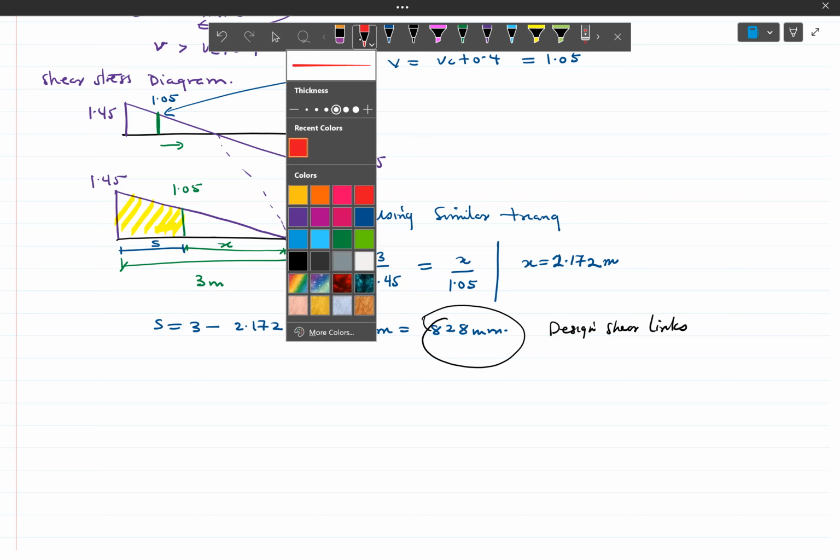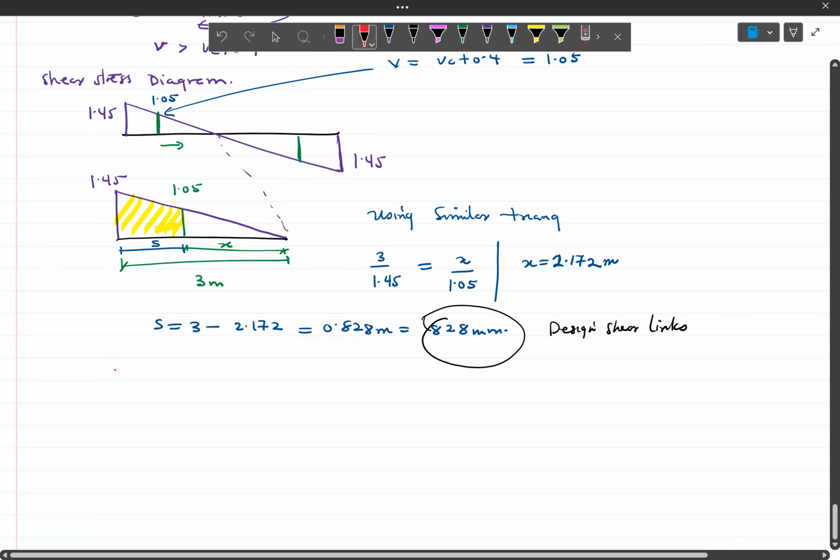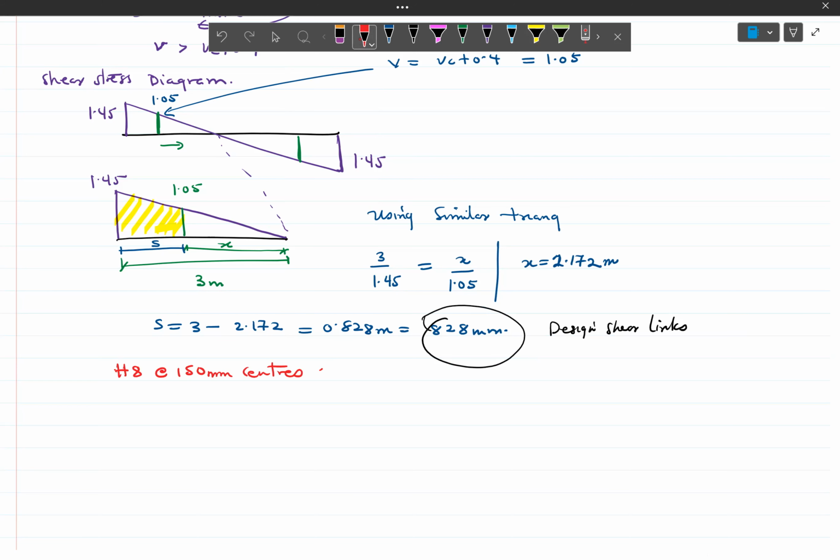And then to find the number of rebars that we need for that zone, in that zone, we said that we should use H8 at 150 millimeter center. So that's the spacing between the stirrups. So if I want to know the number of stirrups that I need, I'll divide the length.